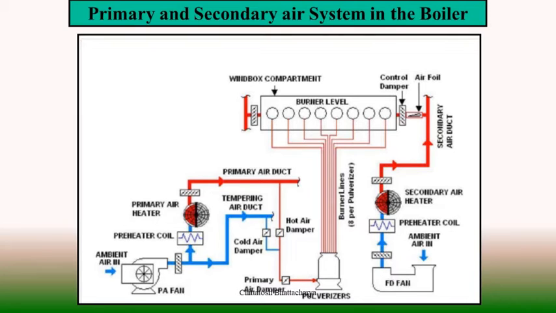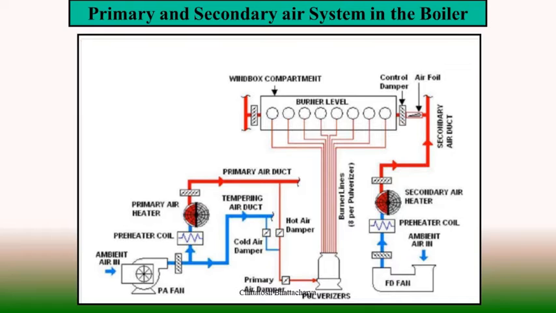There is also an arrangement to supply cold primary air for tempering the total hot air flow in the primary air system. And this primary air is going to the mill, drying the coal and flying the coal to the furnace.